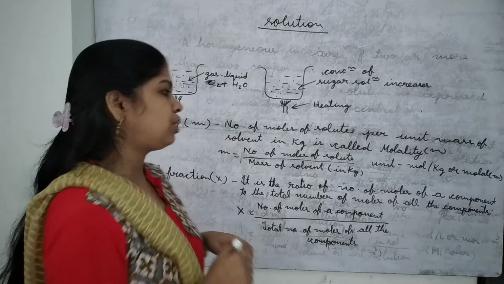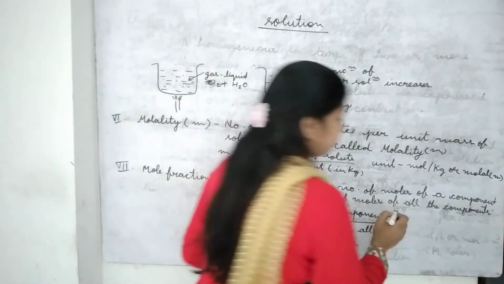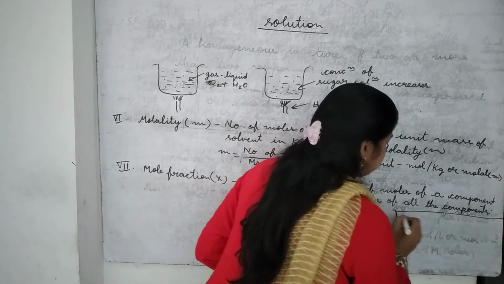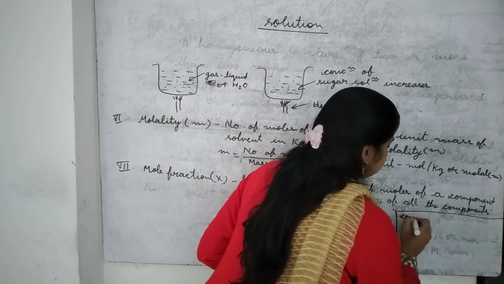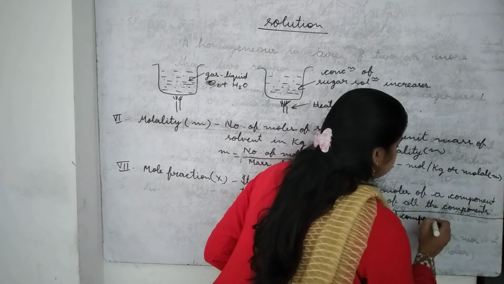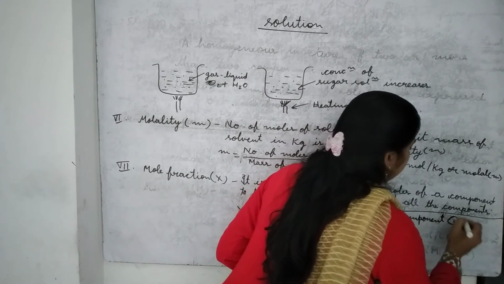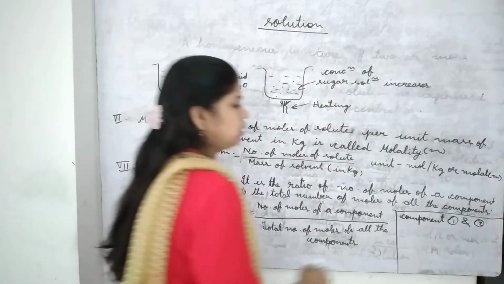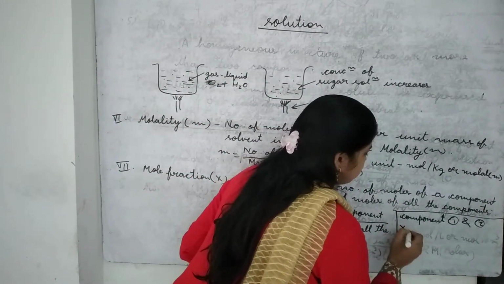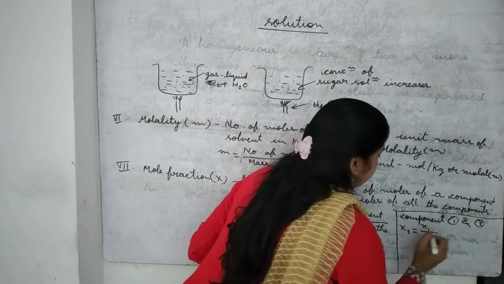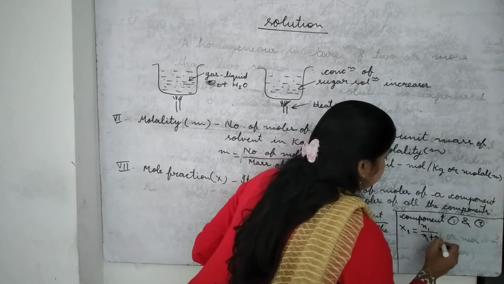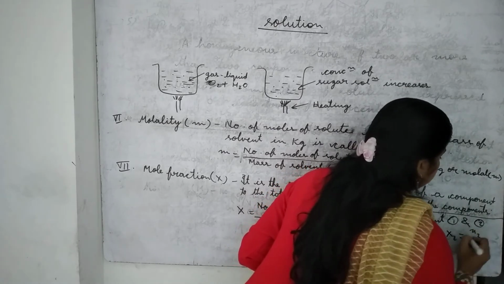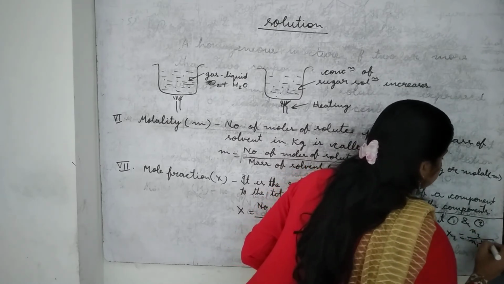So I am going to take a binary solution with two components, component 1 and 2, and their mole fractions are what? For component 1 it will be N1 divided by N1 plus N2, and for component 2 mole fraction is N2 divided by N1 plus N2.